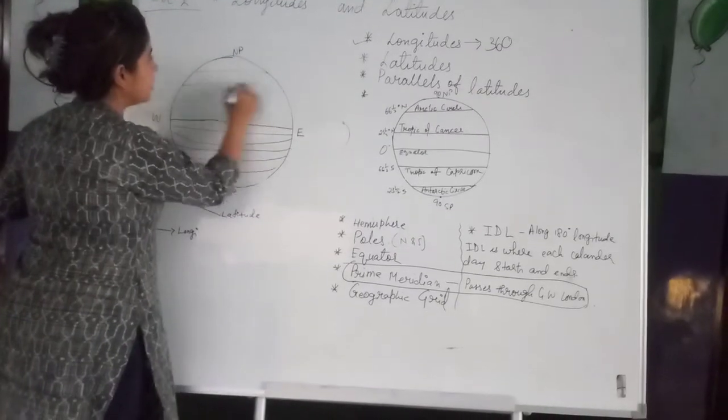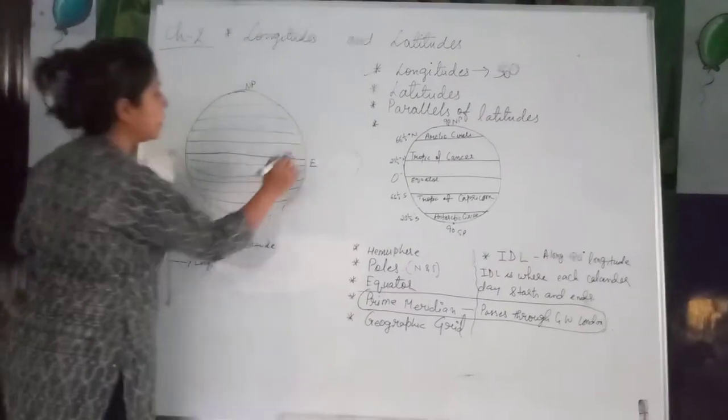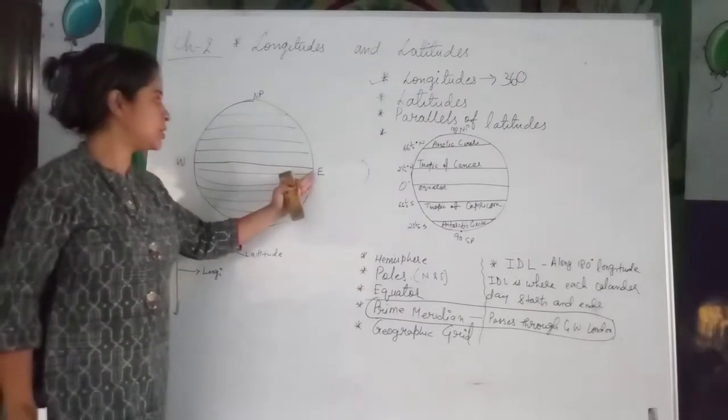In this way we can say that these are horizontal lines running from east to west.